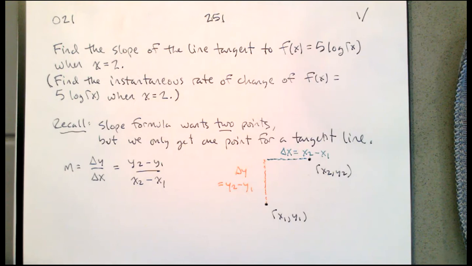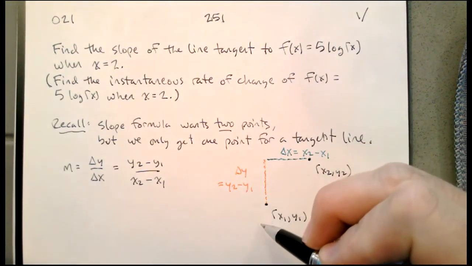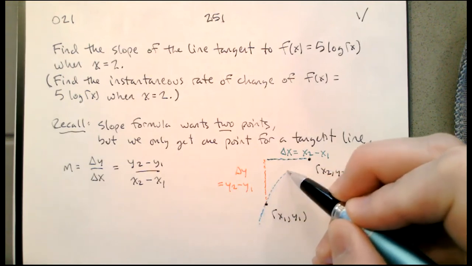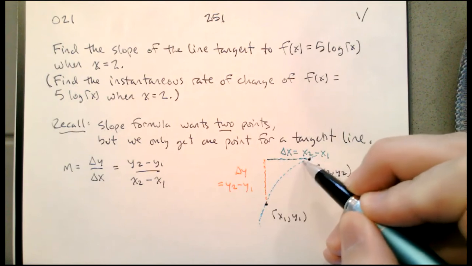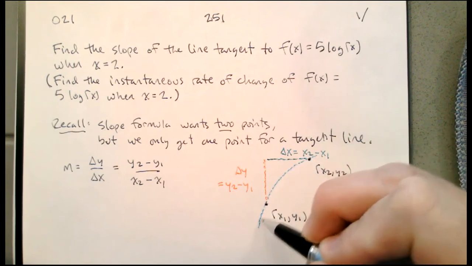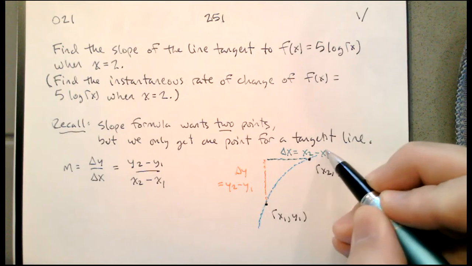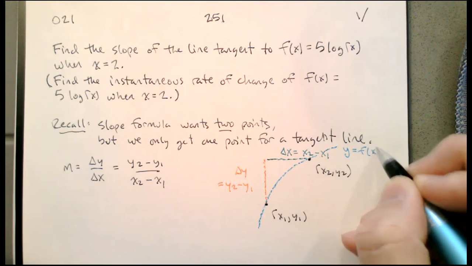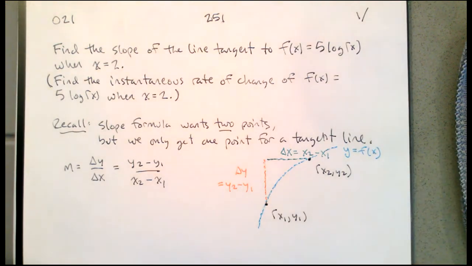So what we're going to do is imagine these 2 points are on some curve. If these 2 points are on some curve, and I want the slope at one of these points, we're going to approximate the tangent line with a secant line so that we'll have 2 points.